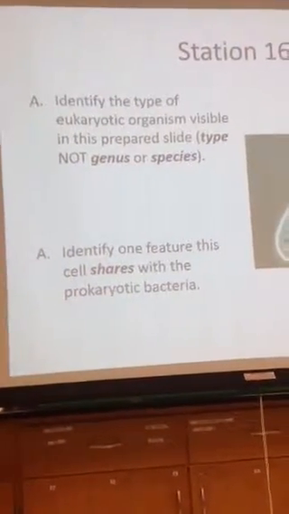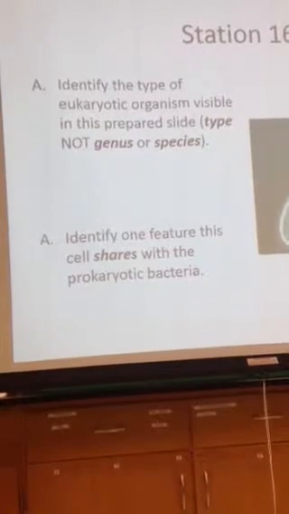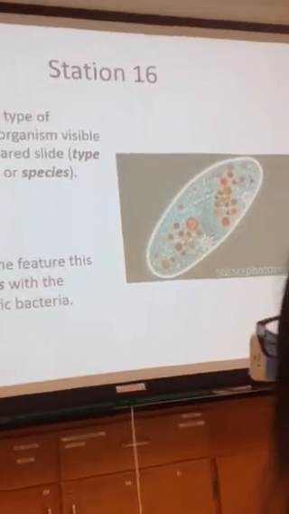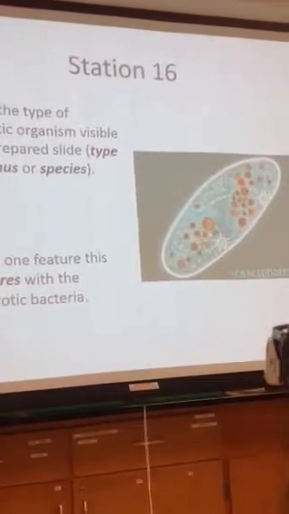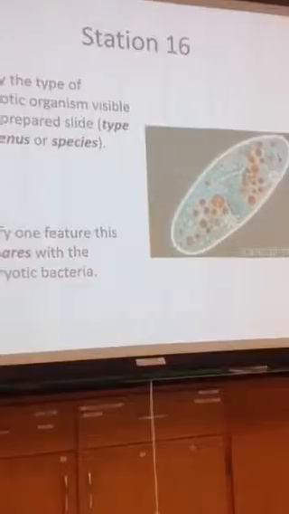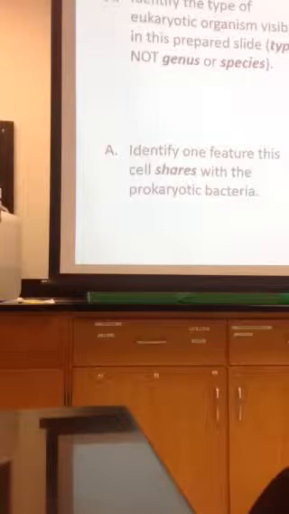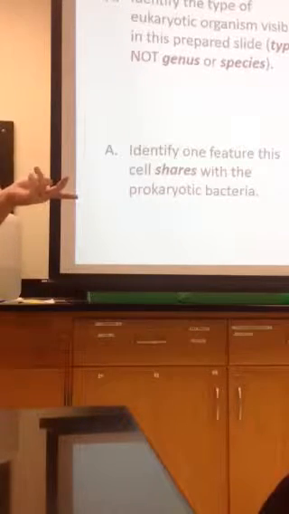What is one feature that this cell shares with prokaryotic bacteria? Well, it could have cilia. I mean, you could have told me 100 different things. You could have said plasma membrane. They both have a plasma membrane.